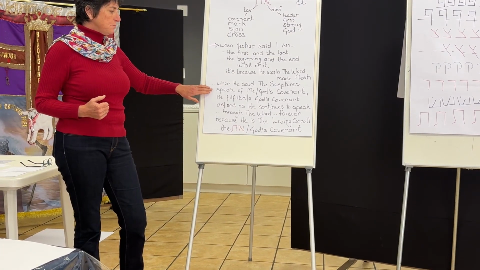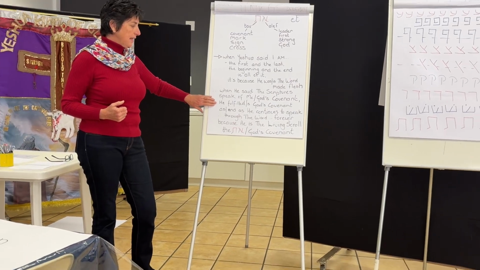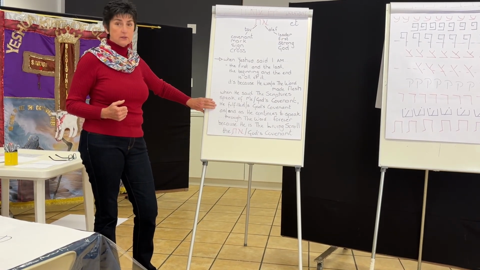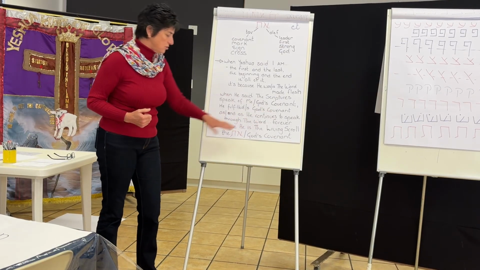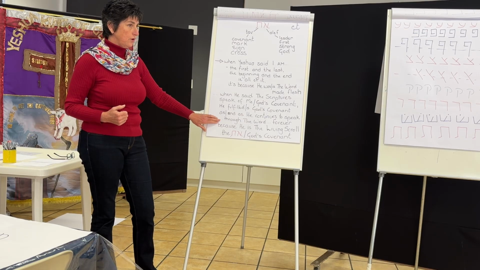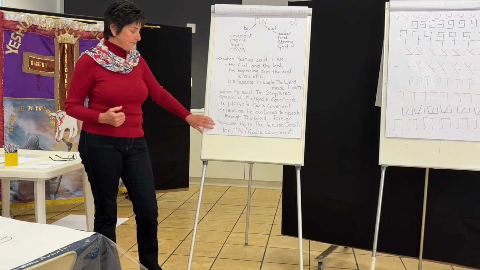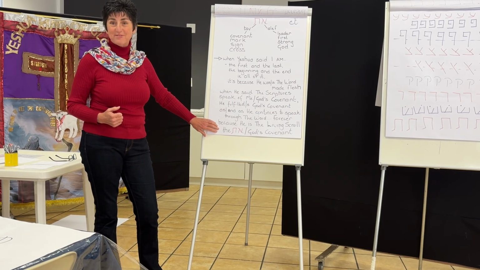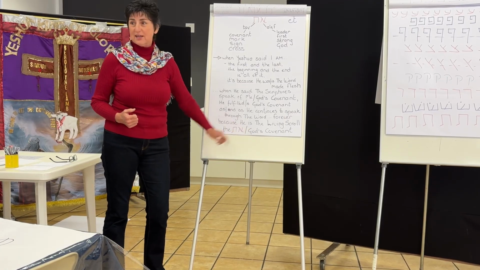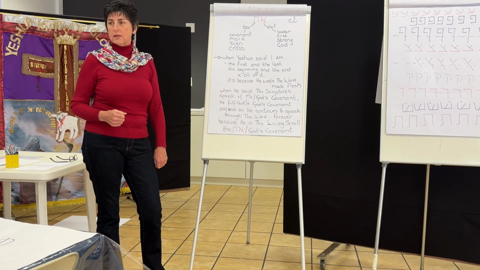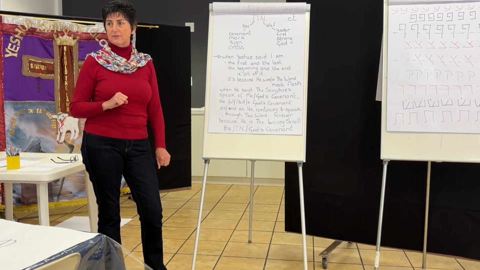When He said the scriptures speak of me, God's covenant, He fulfilled and fulfills God's covenant as He continues to speak through the Word forever, because He is the living scroll, the Aleph Tav. The Aleph Tav is the living scroll, God's covenant. So isn't it amazing what you can get out of two letters, the Aleph Tav?